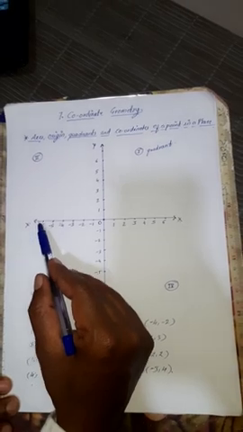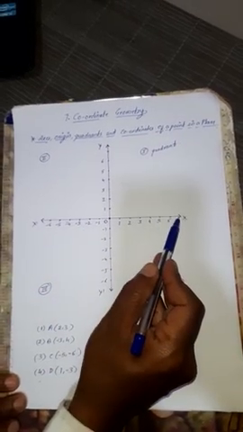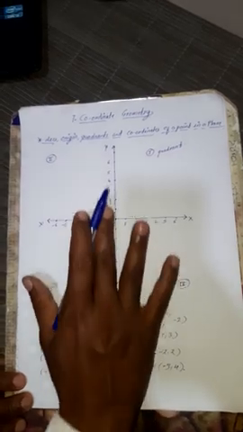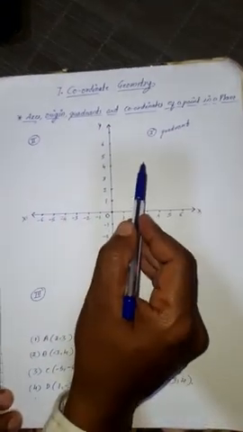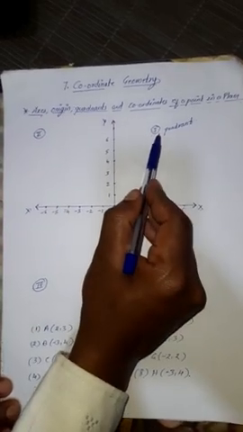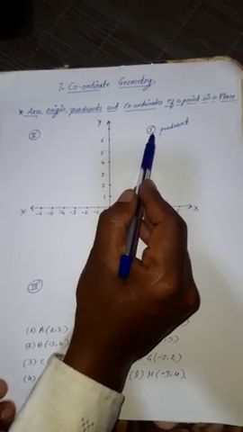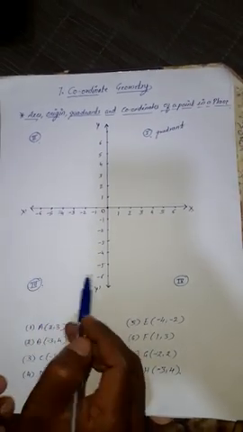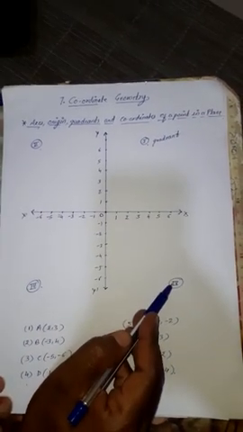Due to the horizontal x-axis and vertical y-axis, this plane is divided into four parts, 1 2 3 4, and we call these four parts the first quadrant, second quadrant, third quadrant and fourth quadrant.